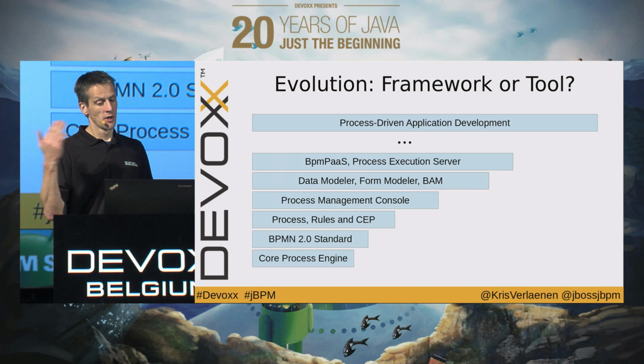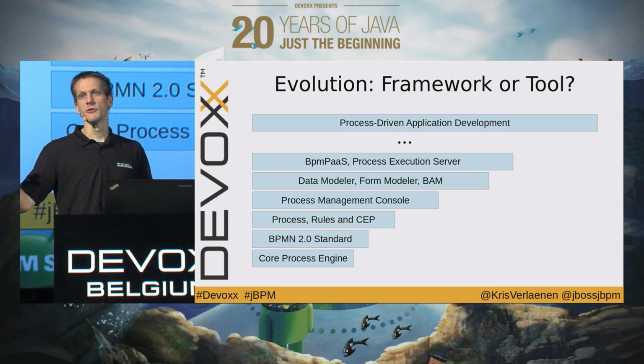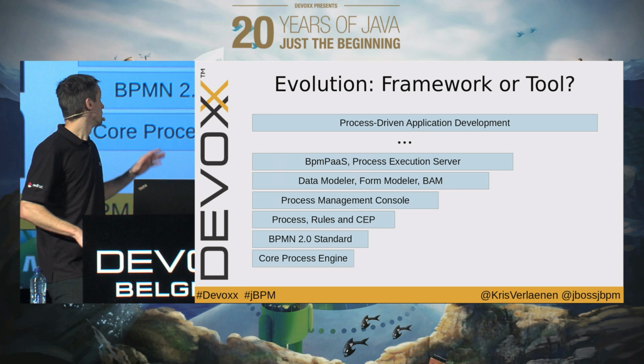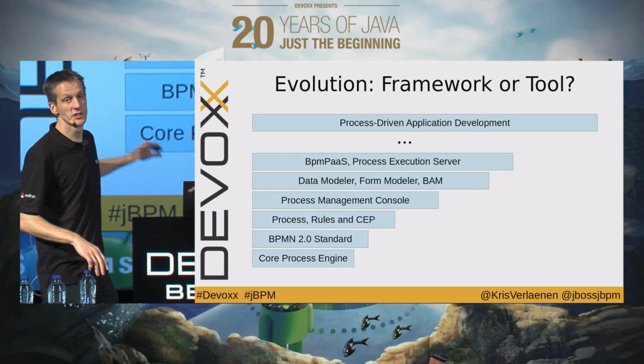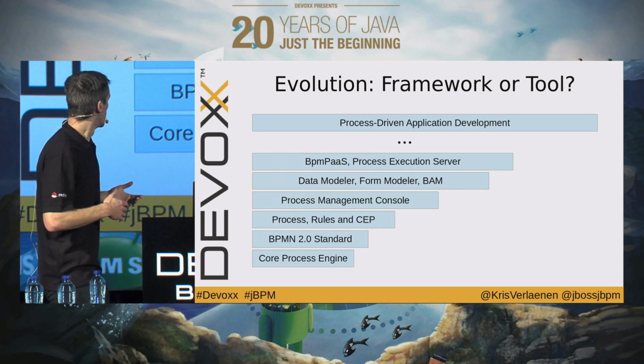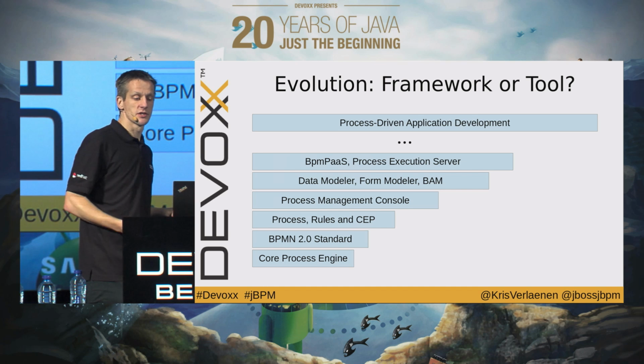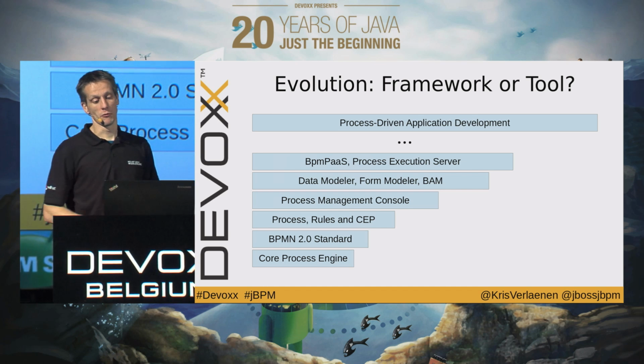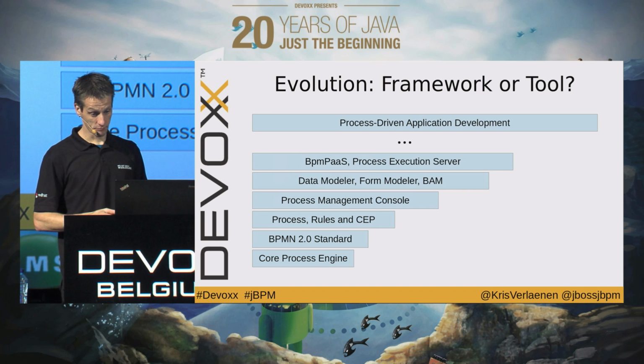It helped a lot with the learning curve. It helps with interoperability between tools, etc. And implementing that on top of an existing core engine, well, it wasn't a huge amount of effort.